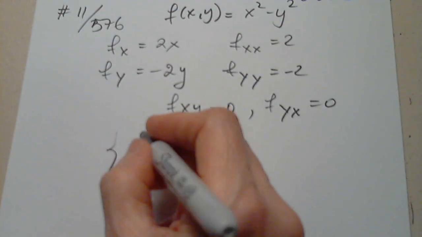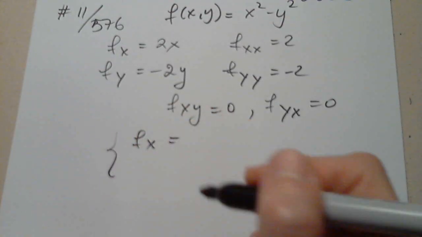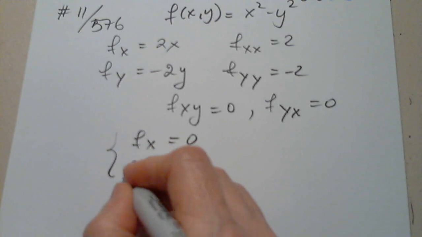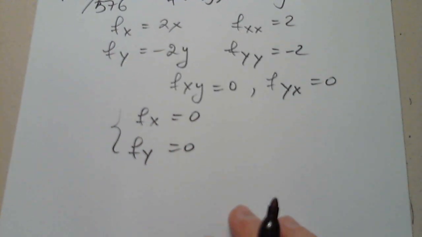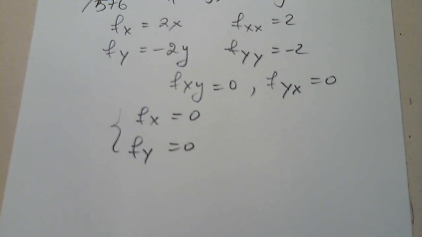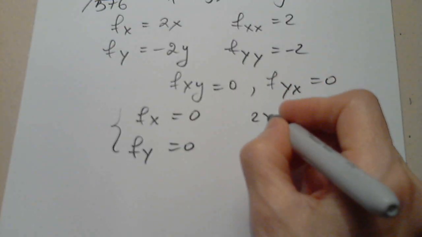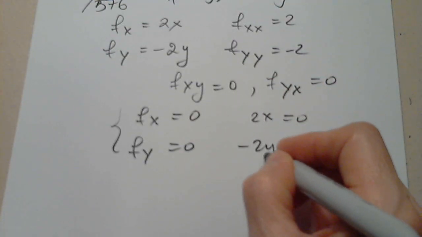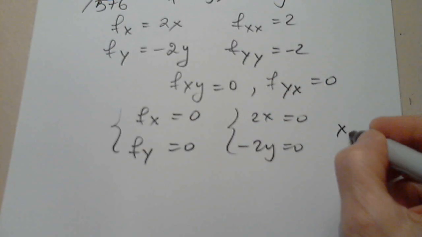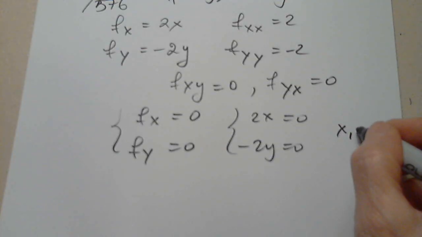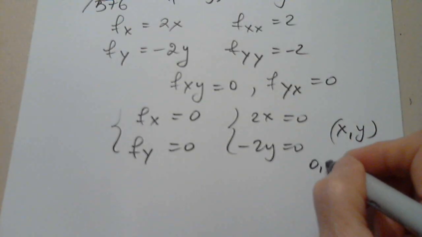So now we have to create the system fx equals 0 and fy equals 0. So 2x equals 0 and negative 2y equals 0. Obviously, there is only one solution, x comma y, which is 0 comma 0.